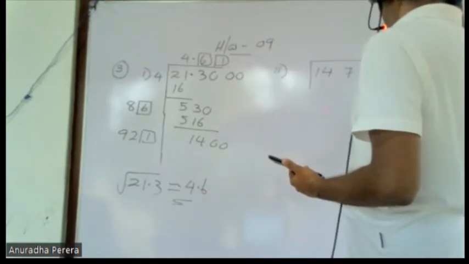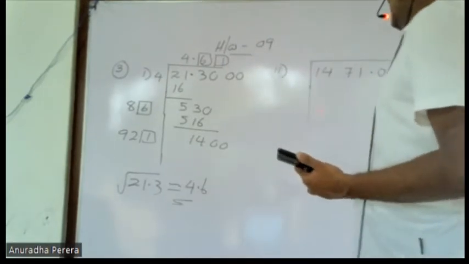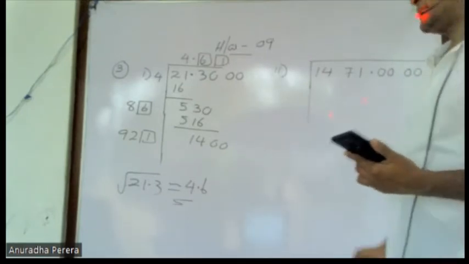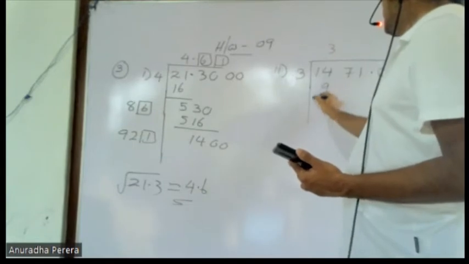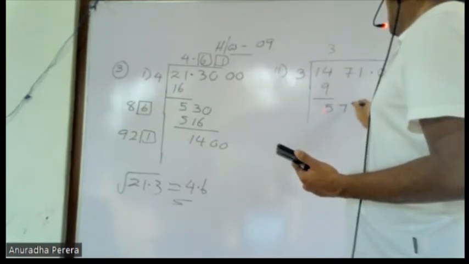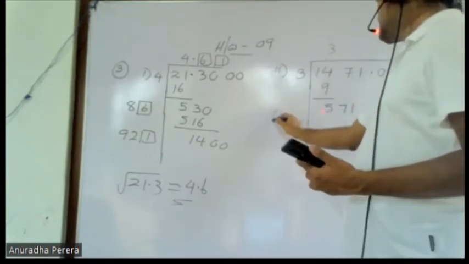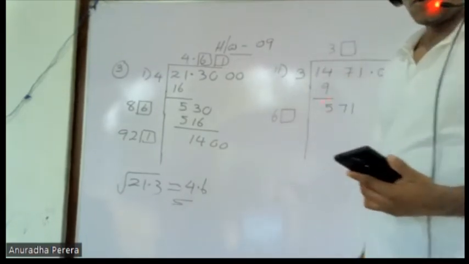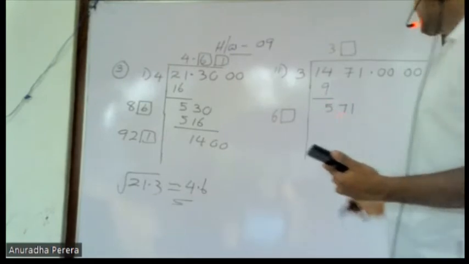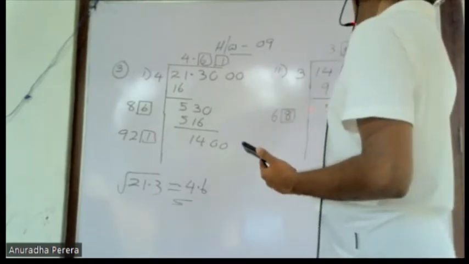Write down 2 pairs of zeros. Complete square less than 14. It's 9. Square root is 3. 3 into 3, 9. 5. Take the next pair. Twice of 3, 6. What is the value? 8. Yes, 68 into 8.